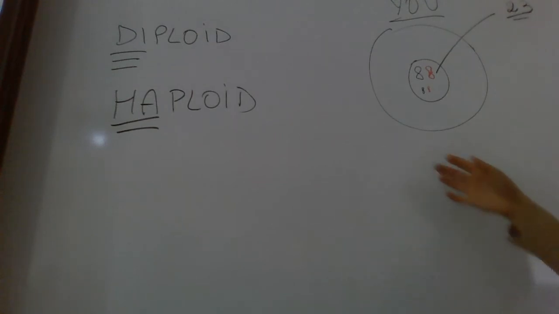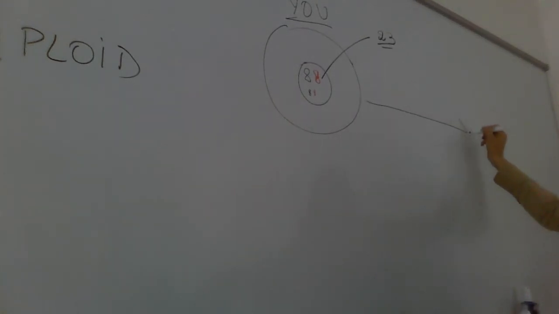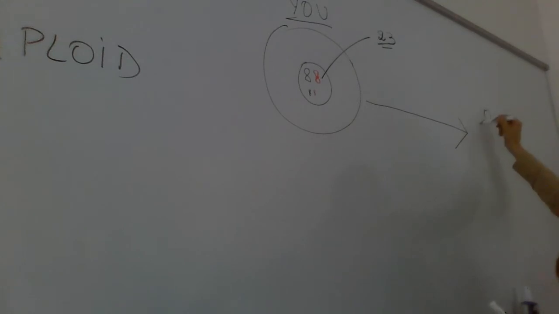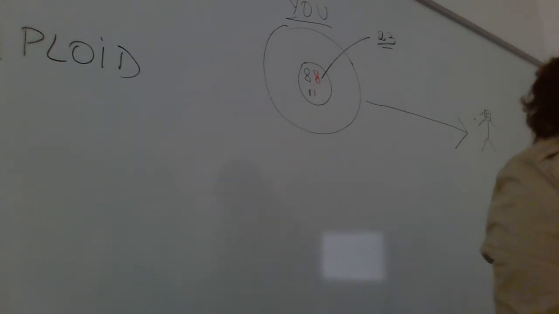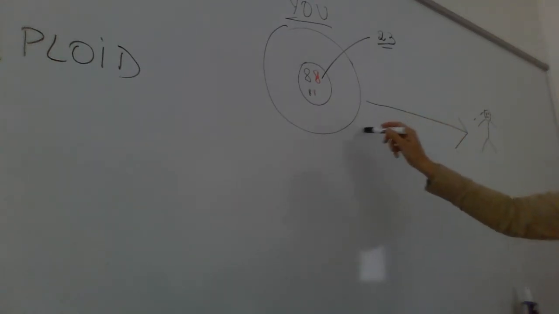So this is you, but then after 9 months or so, you don't look like this, you look like this, crying. Oh, why did you take me out? What happened?